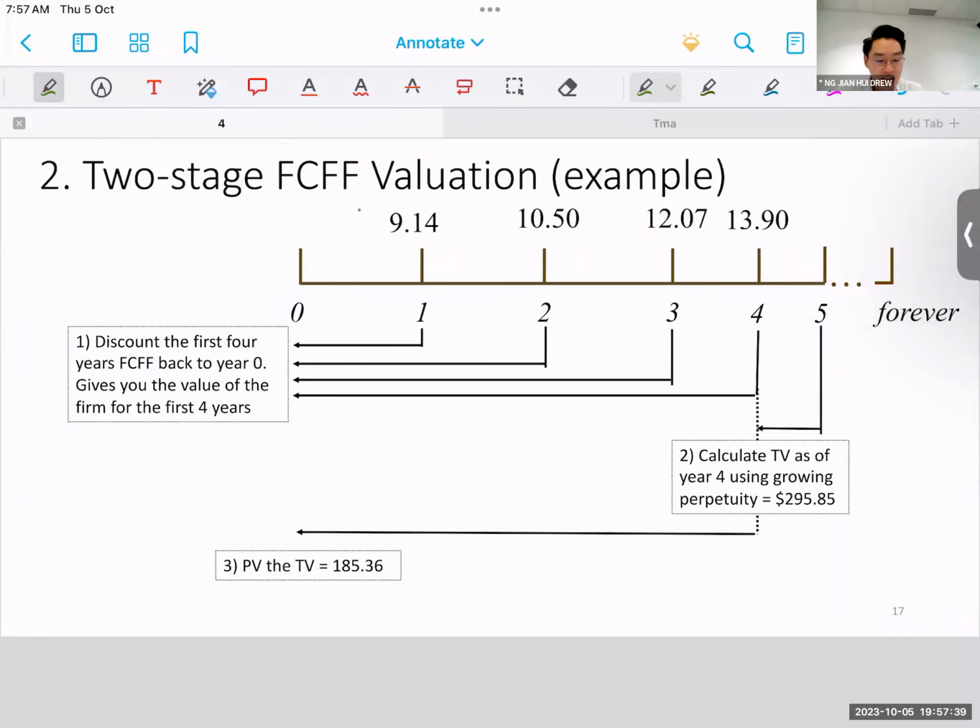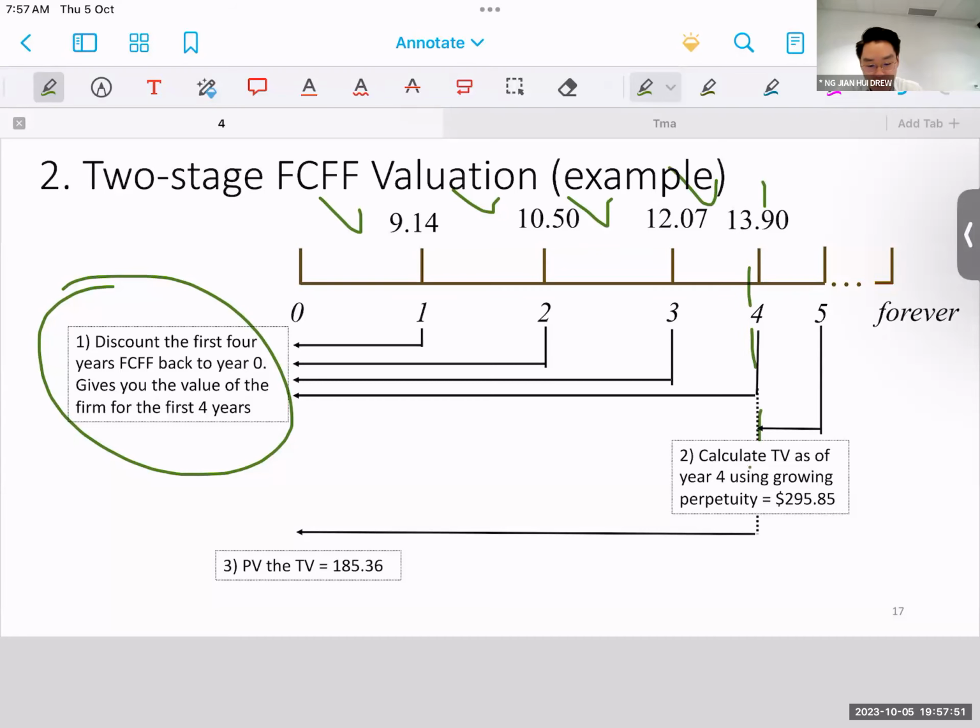So we are given the cash flows. I've added the cash flows here, right? The 4-year cash flow, we discounted back to year 0. Next, we calculated what the TV is. And remember, I'm going to explain this again, the TV we are calculating using the growing perpetuity formula, which means we take the value of 1 year from today.